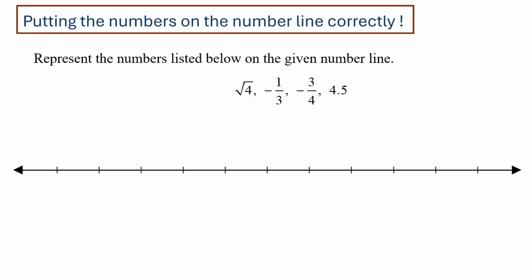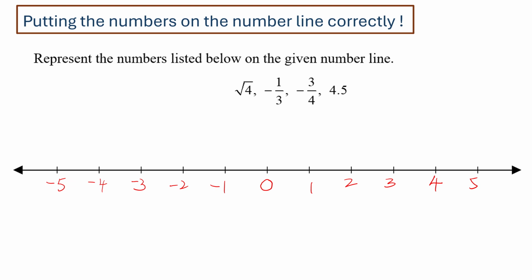So on the number line, we'll have a divider that is 0. On the right hand side of your divider, 0, that will be 1, 2, 3, 4, 5. On the left will be -1, -2. All right, so where do you think 4.5 lies?